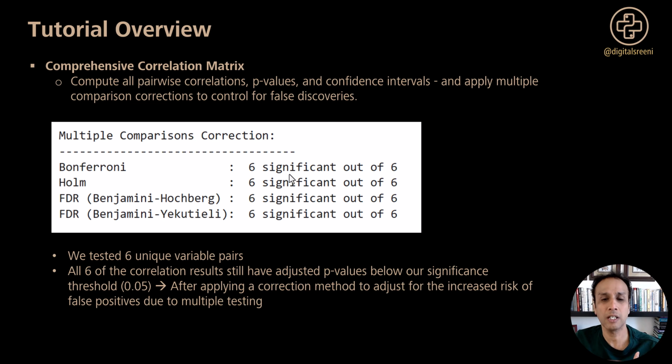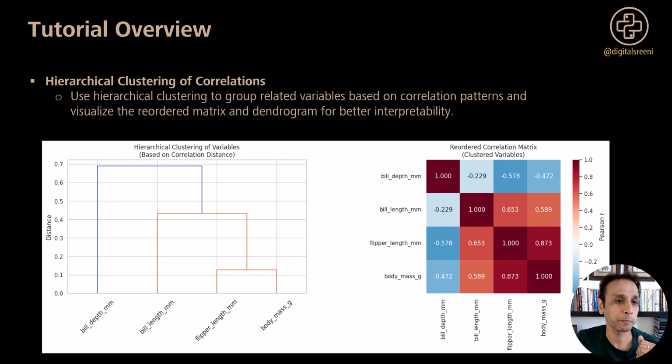So 6 out of 6 are significantly correlated after accounting for this correction. What that correction means and other notes, we'll save for our Colab notebook, because I plan on going through the background in the Colab notebook and then jumping into the relevant piece of the code.